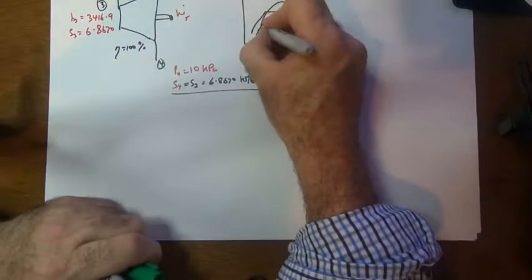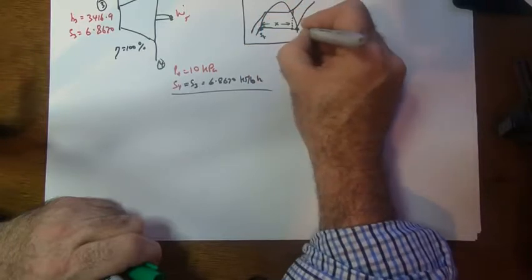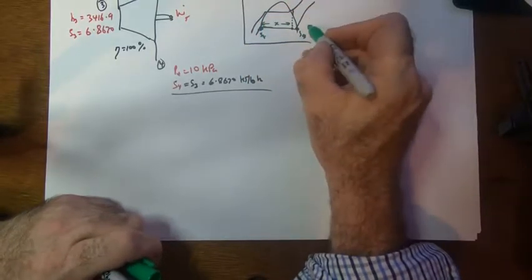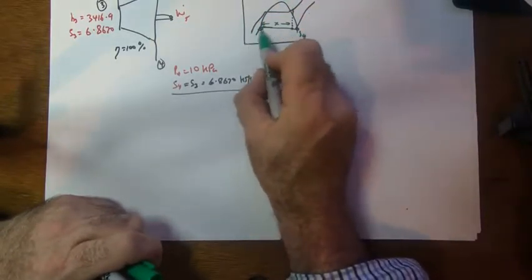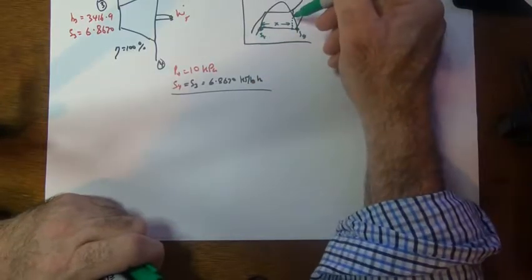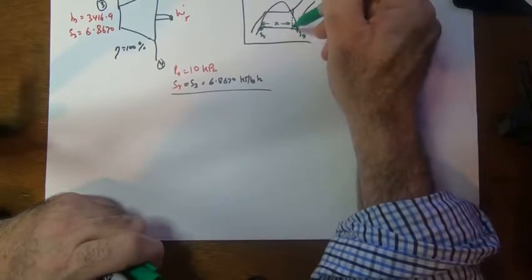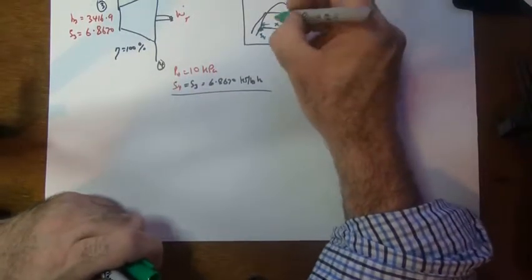We know the value of this and this because that's the SF value and that's the SG value from our tables. So if we find that difference, SG minus SF, and then we find how far we are to get our S value here, we can divide one by the other and we can find what's called quality, this percentage of the distance.